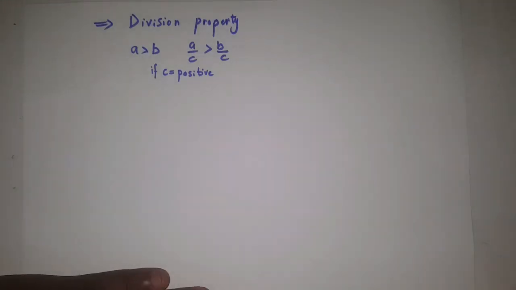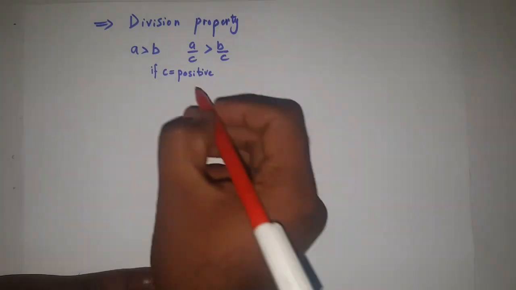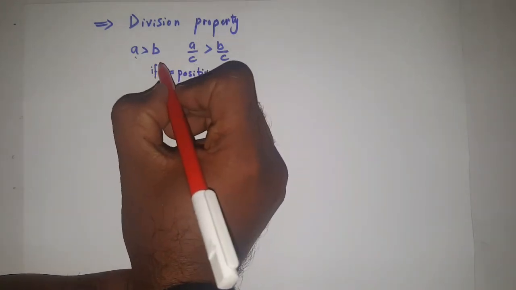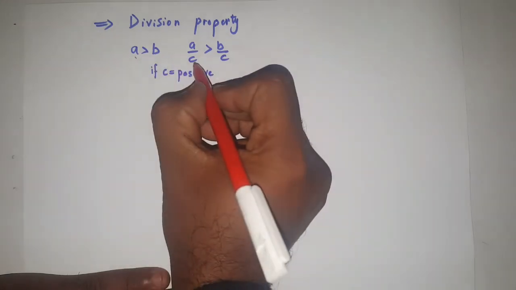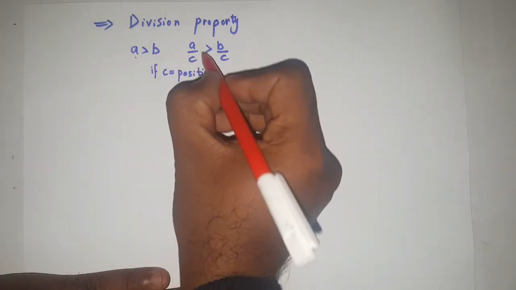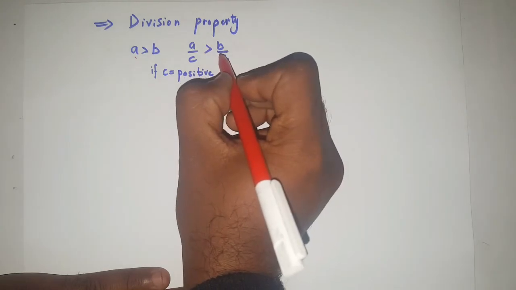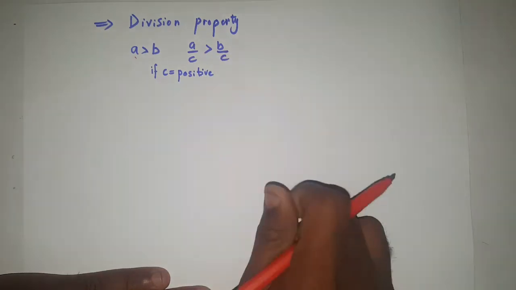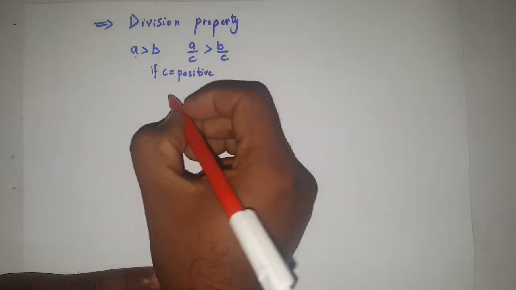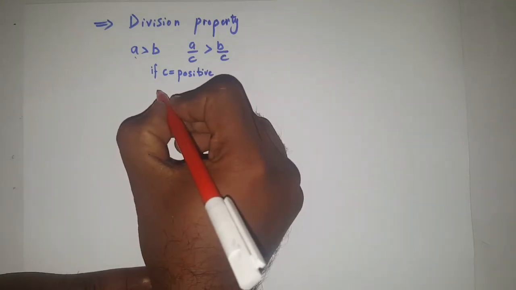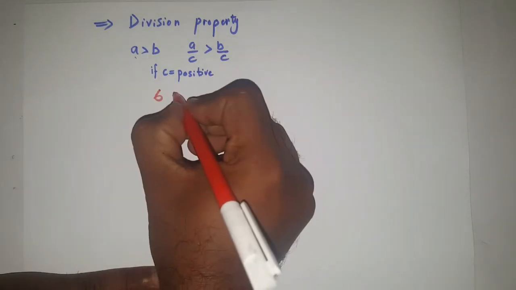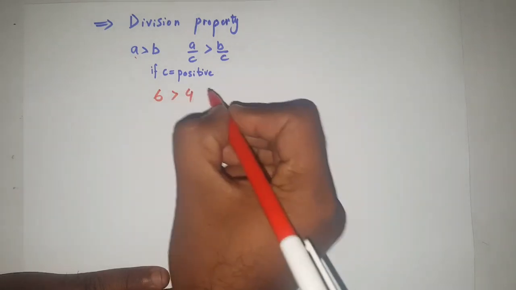The next property is division property. This property says if A is greater than B and we divide with the positive number C on both sides, then A divided by C is also greater than B divided by C. For example, 6 is greater than 4.